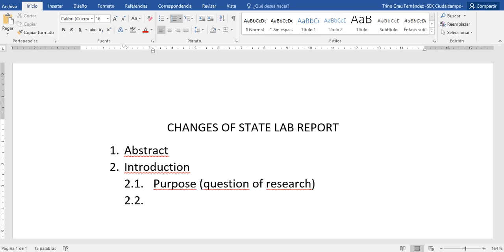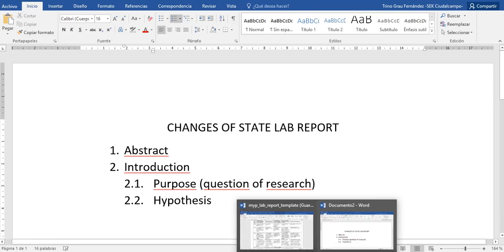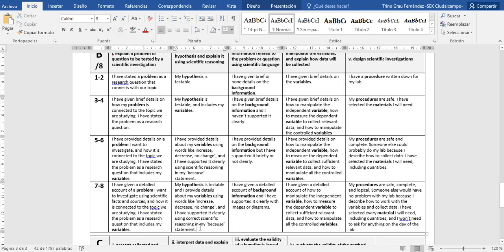The second thing that you need to include in the introduction is the hypothesis. So going back again to the rubric, my hypothesis is testable, and I provide details about my variables using words like increase, decrease, no change, and I have supported it clearly using correct scientific reasoning in my because statement.